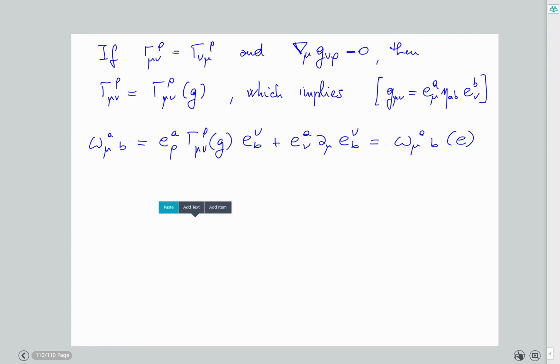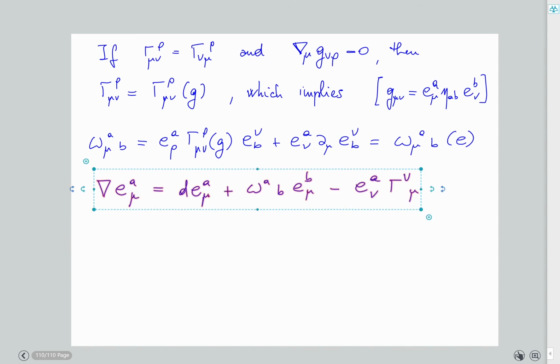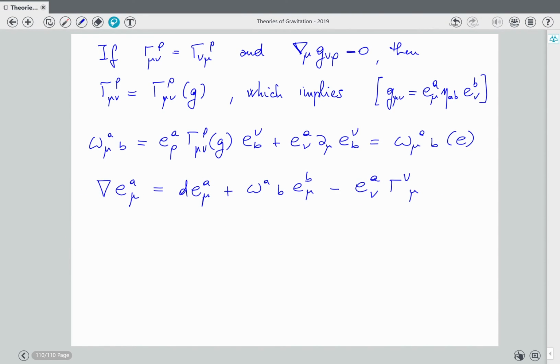So this should be true in every basis. For example, what if we apply it to the basis dx^mu itself? dx^mu, if you want, is the basis where instead of the vielbein, you have the delta. So let's do it.